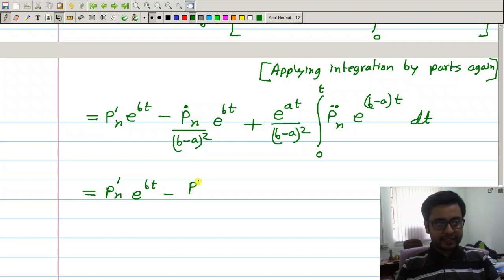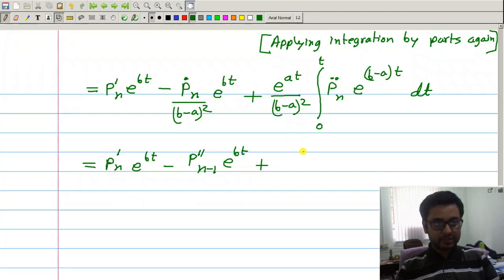So I can write that as p double prime, some new polynomial of degree n minus 1, and this constant b minus a could be absorbed in the coefficients of this polynomial. Then e to the power bt as it is plus this term.